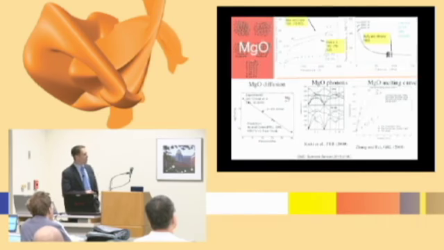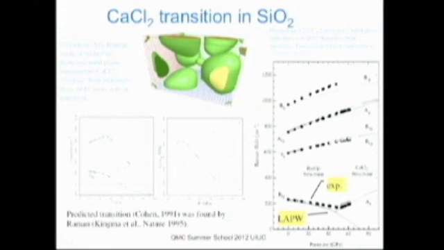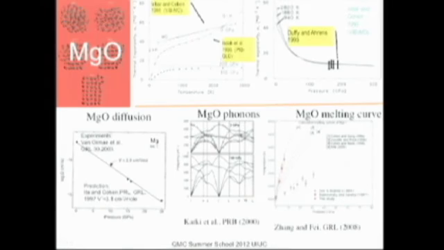Okay, so first just a few examples to show how well DFT works and the fact that you really can do real stuff with it. So consider something like magnesium oxide, which is a very simple ionic material, but it's a little bit non-simple in that the oxygen is quite big and very polarizable.